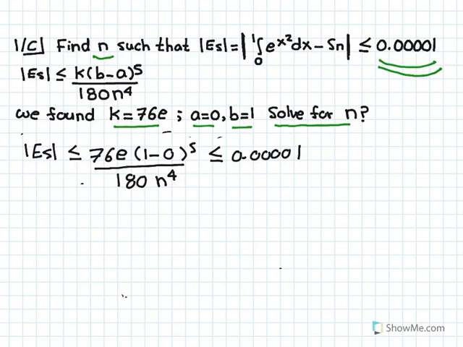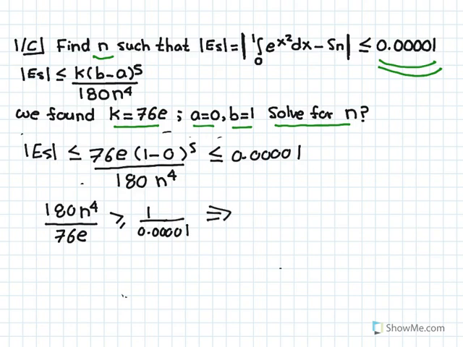All right, so what we're going to do is flip both sides so we can get n to the fourth on top. So now we have 180 n to the fourth divided by 76e is larger or equal to 1 over 0.00001.